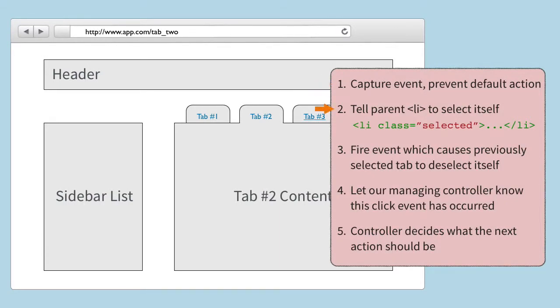Then we want the parent LI to select itself so our tab becomes selected. We would want to fire our own custom event so the previously selected tab knows to deselect itself. And from this point on, we would probably bubble up the event to our managing controller, and from there it would decide what to do next.